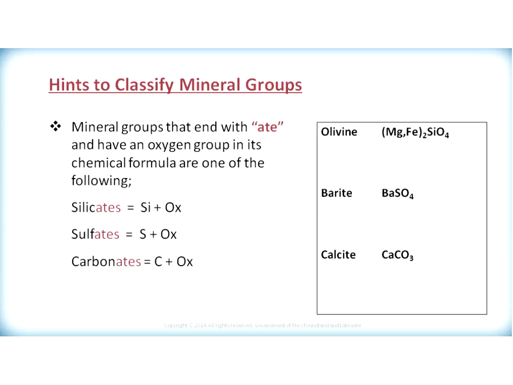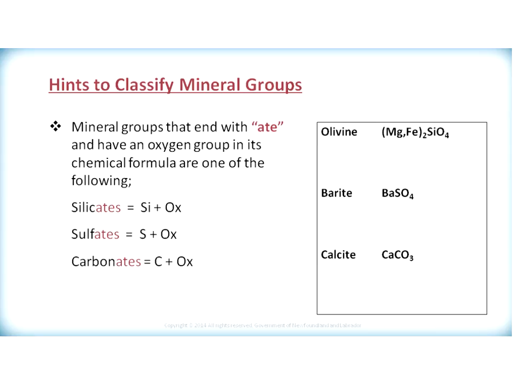When we look at classifying mineral groups, there are several hints that we could use. Mineral groups that end with ATE have an oxygen group in their chemical formula and are one of the following. The first mineral group is called silicates.